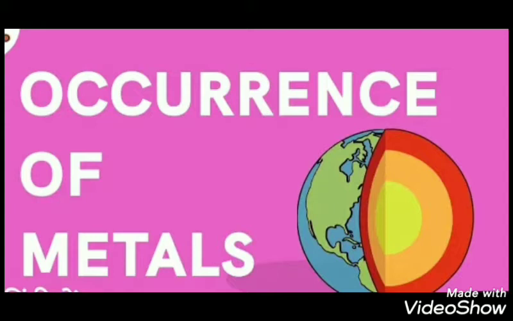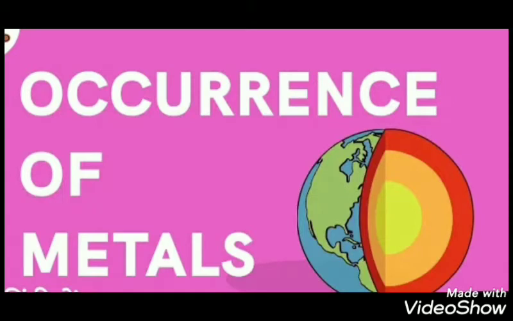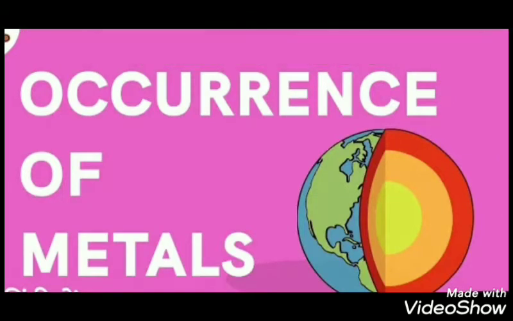The elements or compounds which occur naturally in the Earth's crust are known as minerals. Actually, they are naturally occurring. At some places, minerals contain a very high percentage of a particular metal, and the metal can be profitably extracted from it.